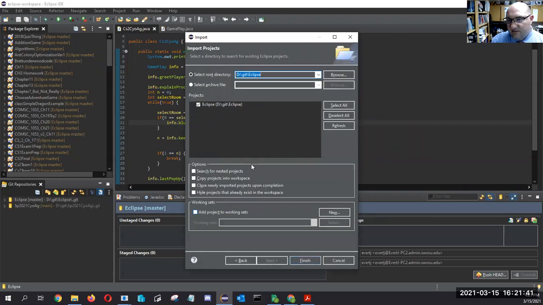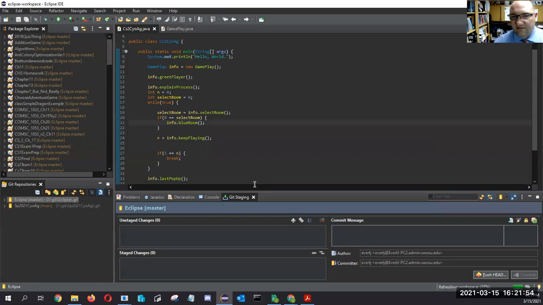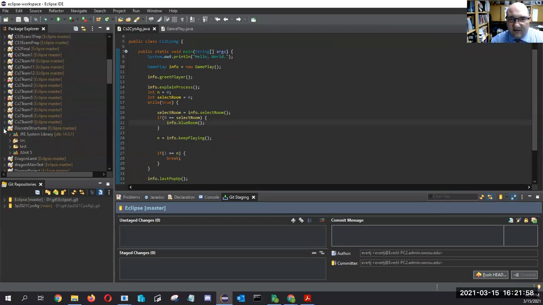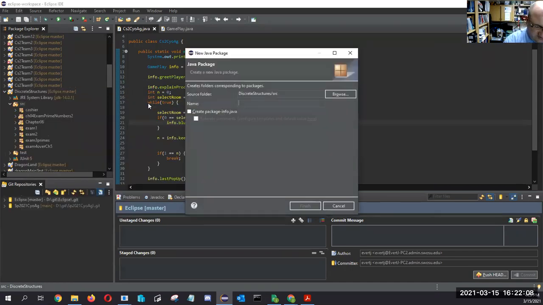Existing projects. Yeah, that's the one we need. I'll go ahead and click finish. And now we can see discrete structures. Got exam. And so this is going to be a new package.